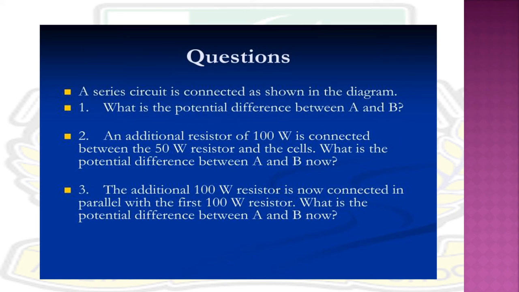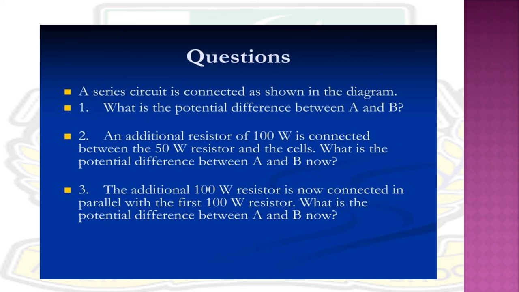Now there are some questions. For example, a series circuit is connected as shown in the diagram at the very start of the lecture. What is the potential difference between A and B? An additional 100 ohm resistor is connected between the 50 ohm resistor and the cell. What is the potential difference between A and B now?